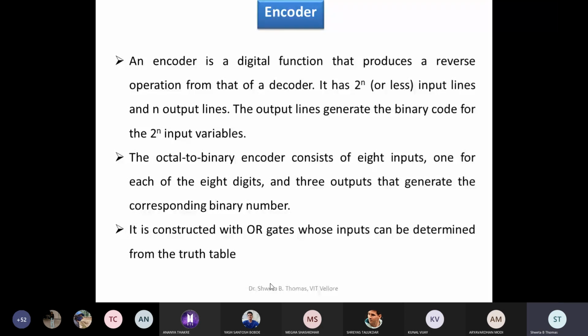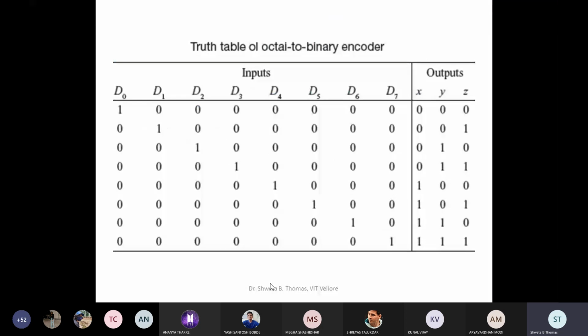The octal to binary encoder consists of 8 inputs, 1 for each of the 8 digits, and 3 outputs that generate the corresponding binary number. It is constructed with OR gates whose inputs can be determined from the truth table.